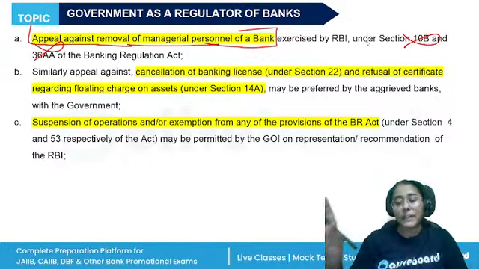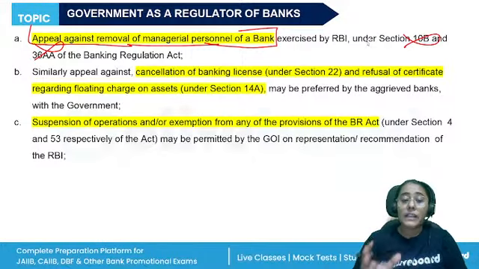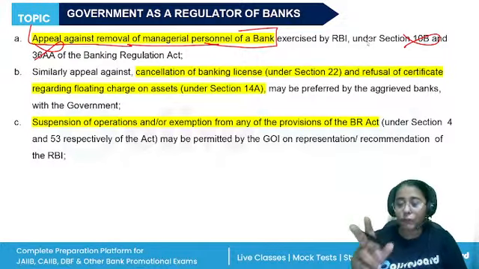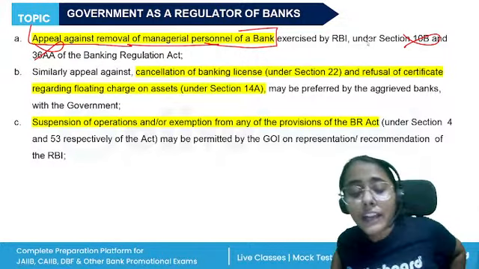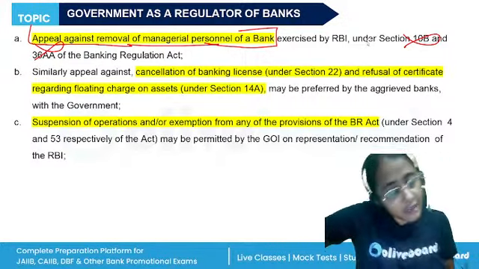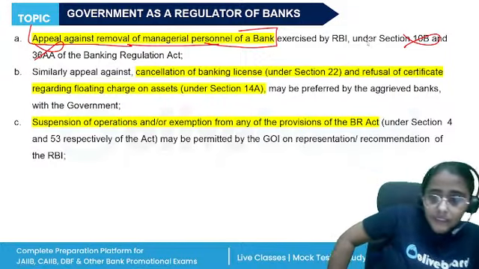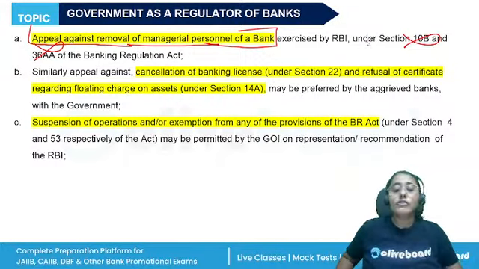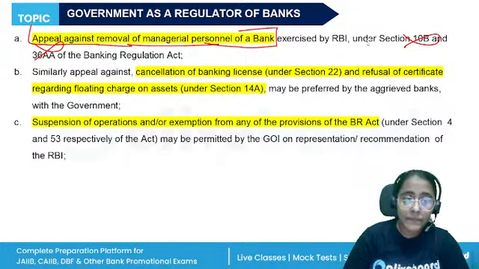They can make an appeal to the central government. RBI can also refuse the certificate regarding floating charge on assets. In module B, we have studied the fixed and the floating charge. If a bank wants to create a floating charge, and RBI has refused their certificate, they can also make an appeal to the central government.